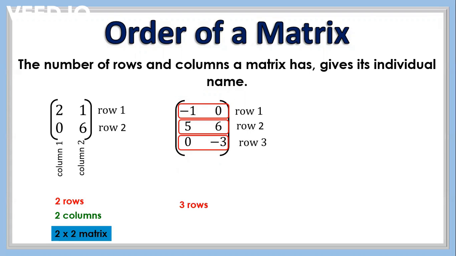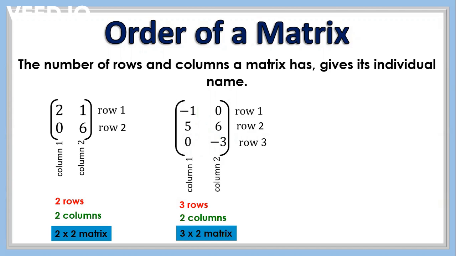Let us see how many columns this matrix has. -1, 5, and 0 form the first column. 0, 6, -3 form the second column. So this matrix has 2 columns. So a matrix that has 3 rows and 2 columns is a 3 by 2 matrix.